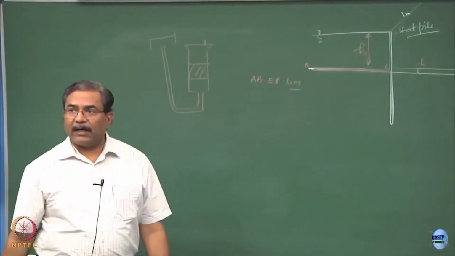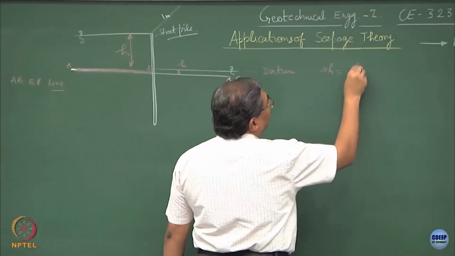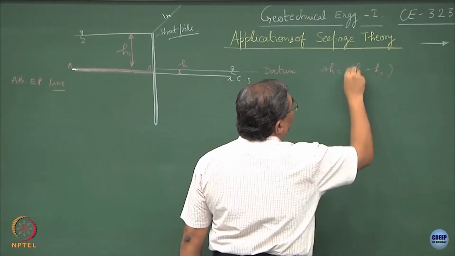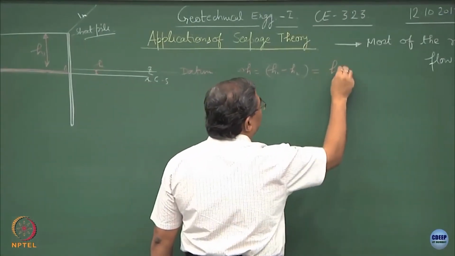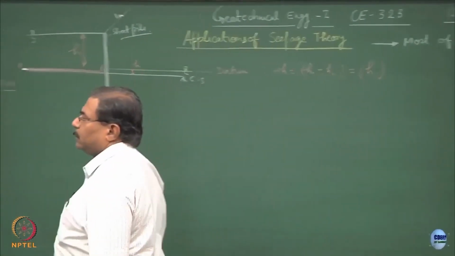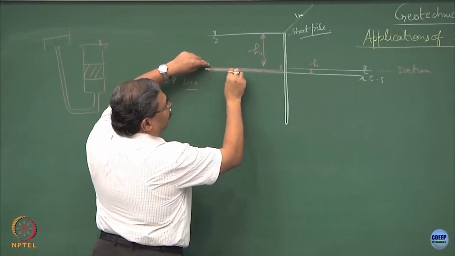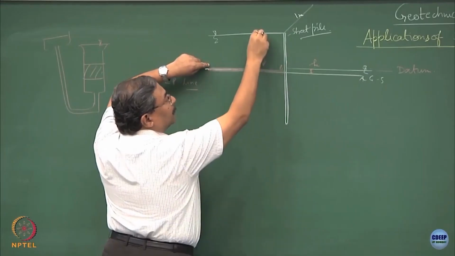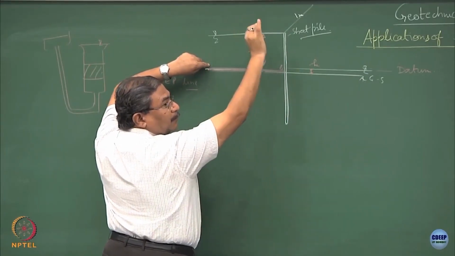What causes flow to occur? Delta H. What is delta H? H1 minus H2, clear. This I am defining as H. Is this point clear? Put piezometer at any of these points, the height of the water column is this, clear, piezometric head.